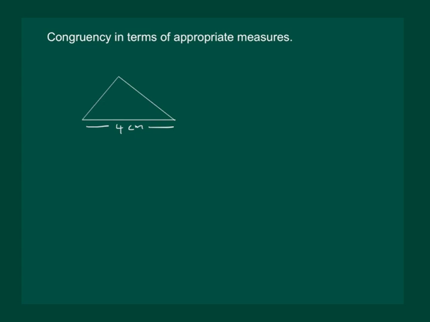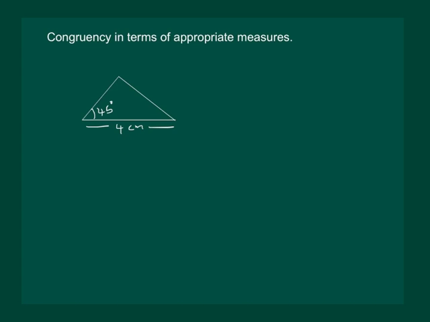Let us learn another method of proving congruency of triangles by use of appropriate measures. Say we have a triangle and we have to make a triangle which is congruent to this one. We have already found that giving the length of one side is useless and more information is required to draw a congruent triangle to this one.